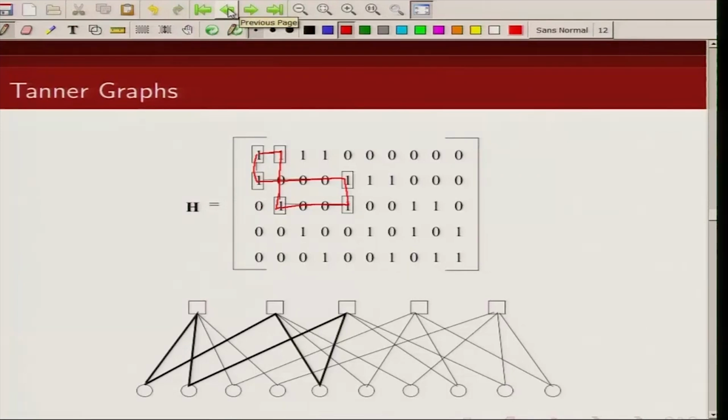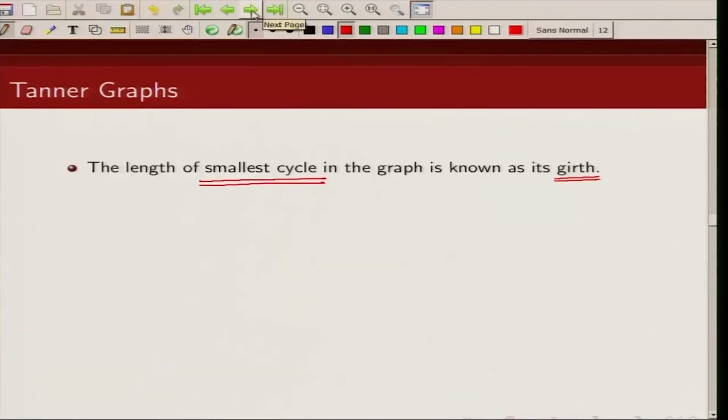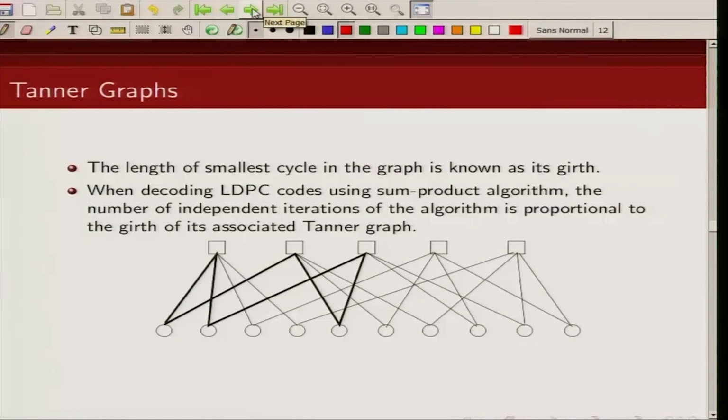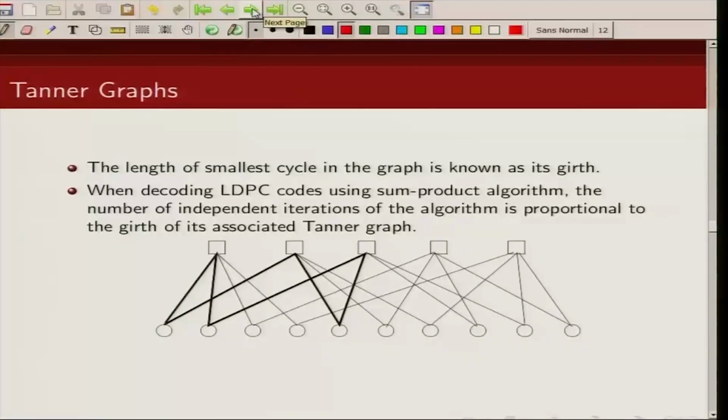You can see there is no cycle of length 2 or 4. Now, when we are decoding LDPC codes, we would like the girth to be very large, because the number of independent iterations that we can get is proportional to the girth of the corresponding Tanner graph of the LDPC code.